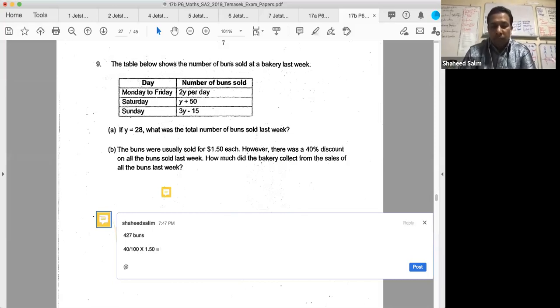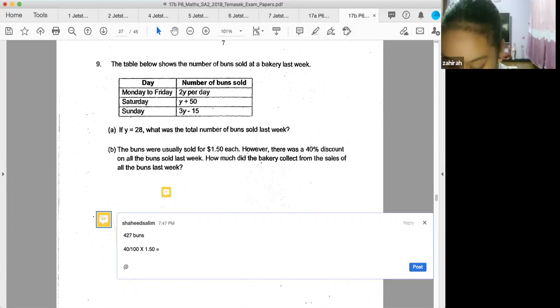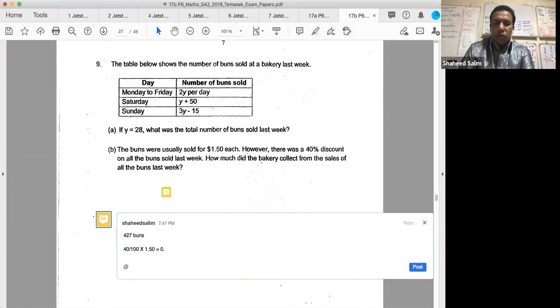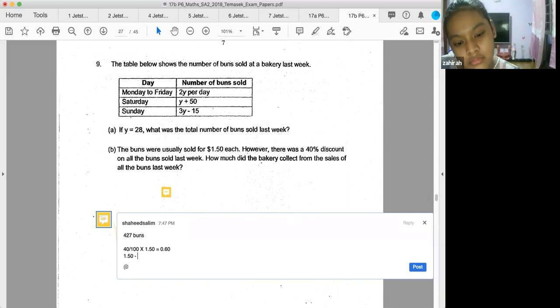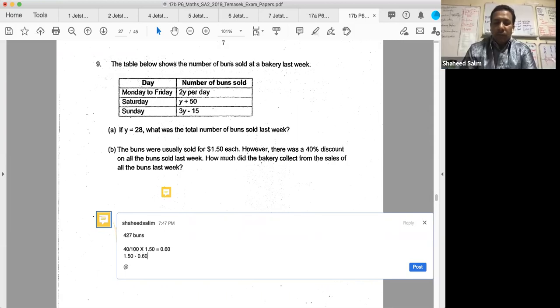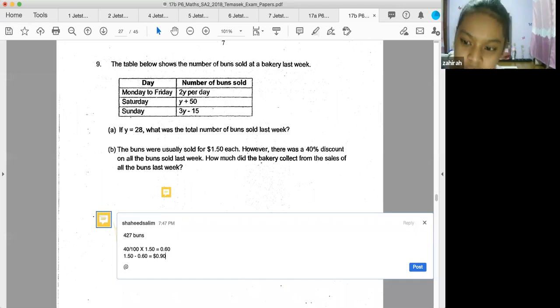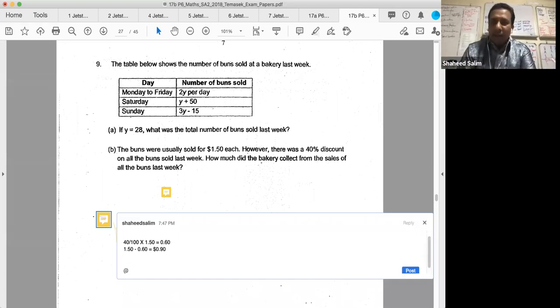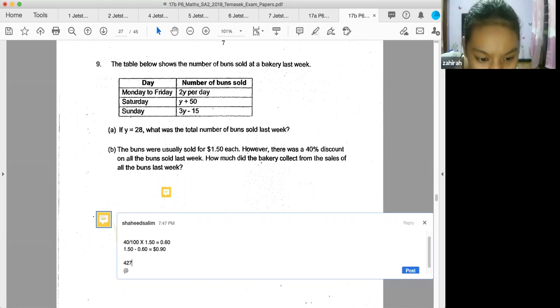You find out how much that is? 60 cents. So discount 60 cents means $1.50 must minus 60 cents. Don't pay the 60 cents. Equals to how many cents? The bun they sell for 90 cents. So now just take 90 cents times 427. Then you get your answer, because now that is the 40% discount.